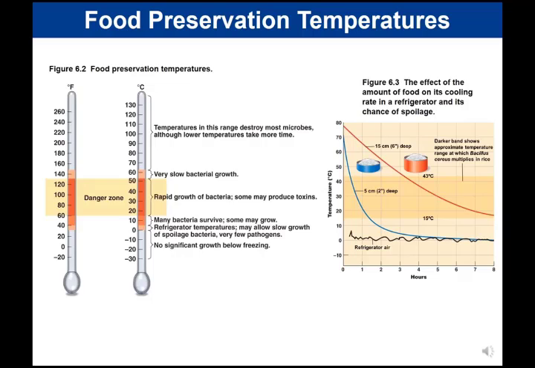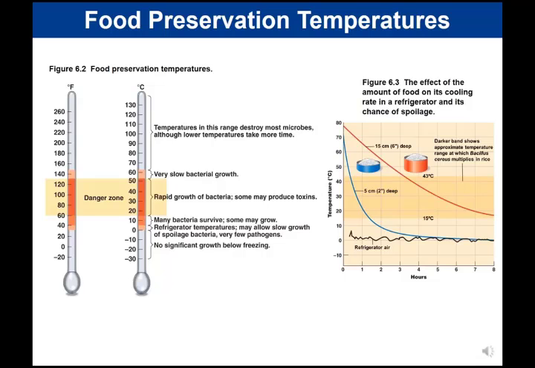Some bacteria, for example, endospores, are resistant to high temperatures, but most bacteria will be killed by those high temperatures. However, once you get to about 60 degrees, you're going to get slow bacterial growth, and notice the danger zone is going to be between about 50 and 15-ish.